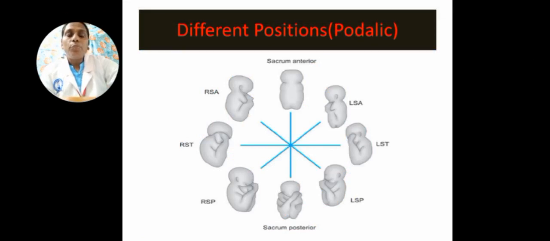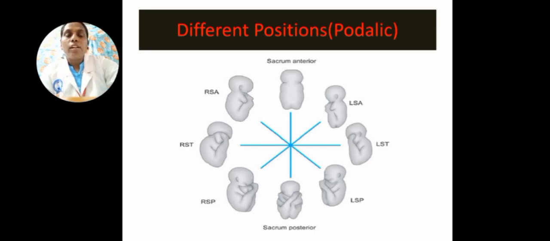And in case of podalic presentation, we call the position like this. Suppose the sacrum is facing the posterior, which means that in case of breech, the denominator is sacrum.